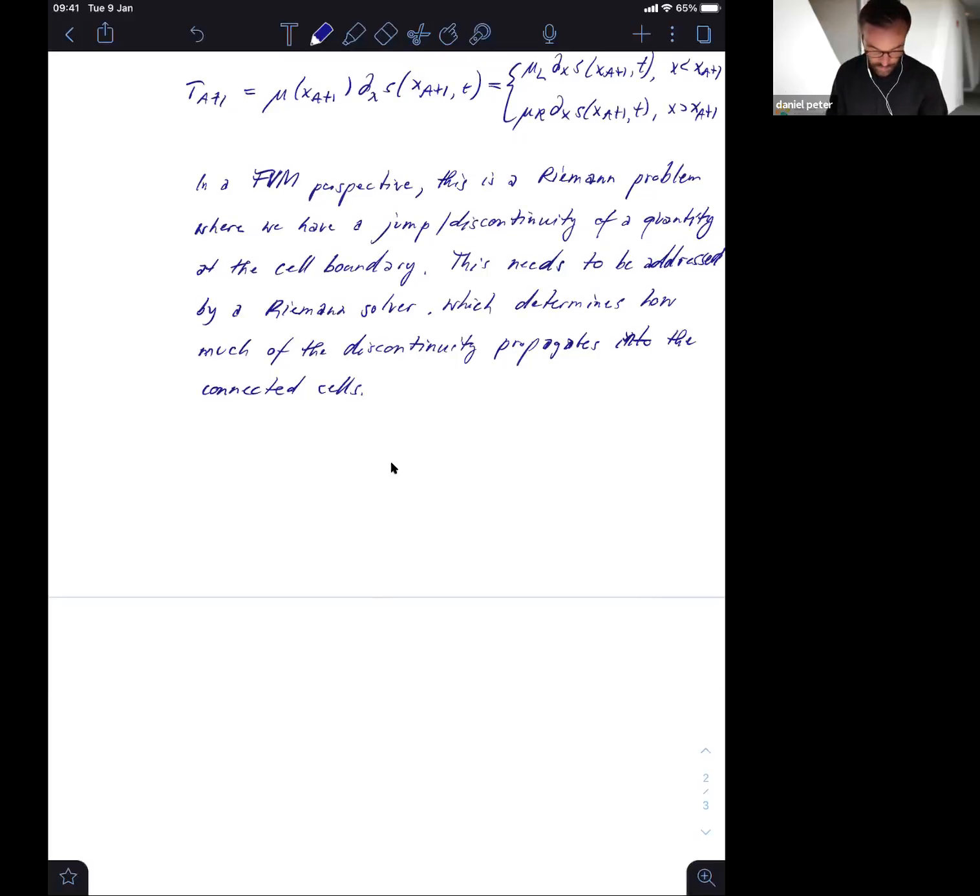So usually when you look at finite volume methods, what you will see is the Riemann problem defined as an initial value problem for a conservation equation given a discontinuity. In this domain of interest.